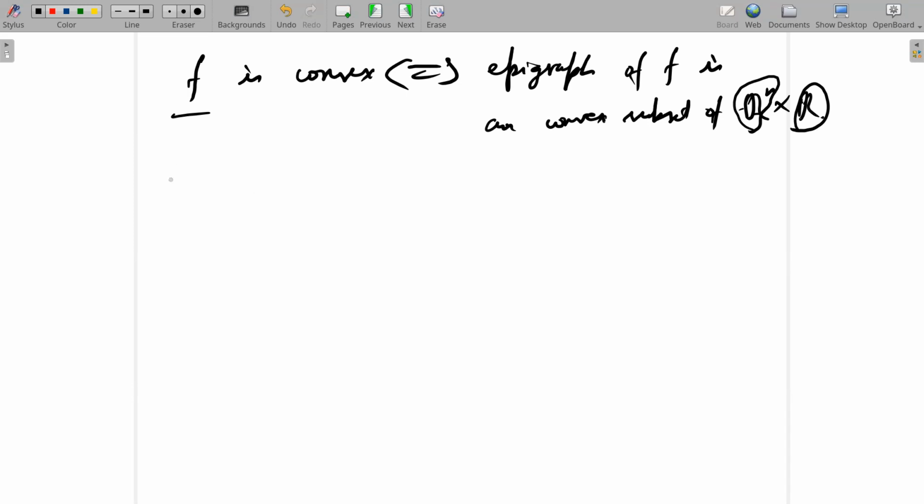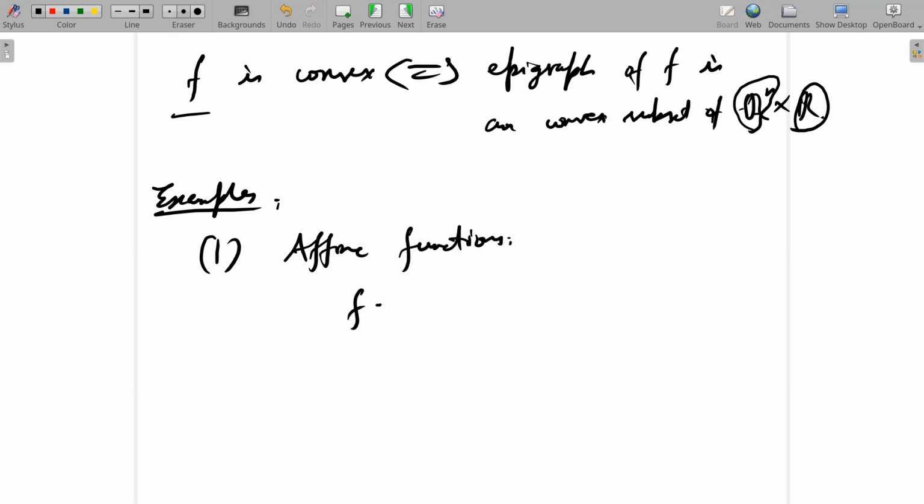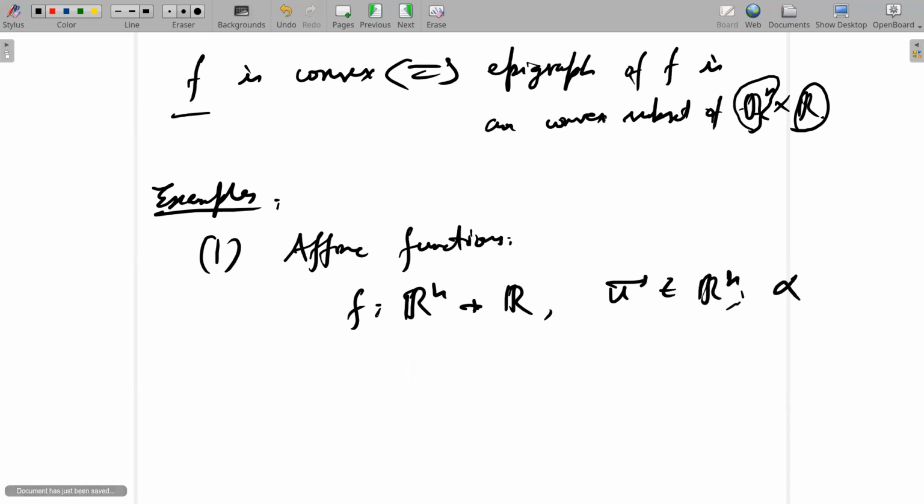Okay, so what are some examples of convex functions? The most simple example are affine functions. You have Rn to R, and you have a vector u in Rn and a scalar alpha.